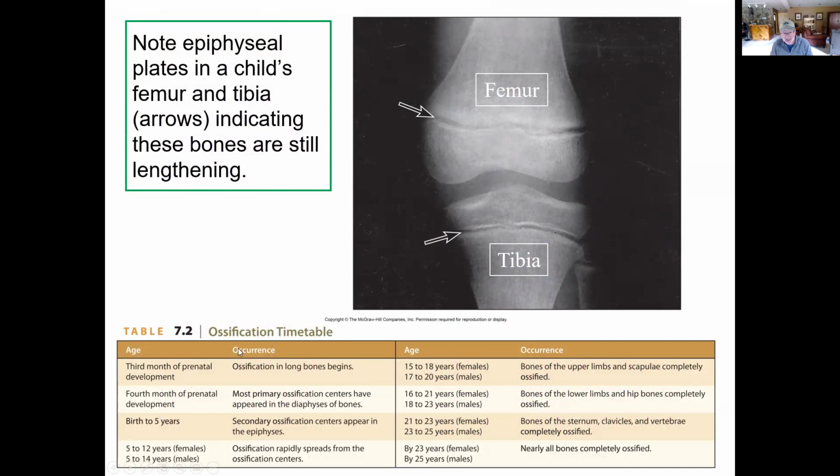And of course, this final bottom end of the slide is showing this timetable that I think is really interesting, that talks about when these different processes of endochondral ossification occur.